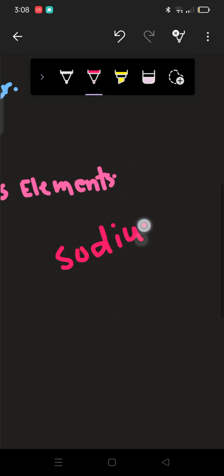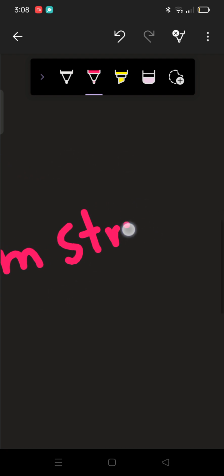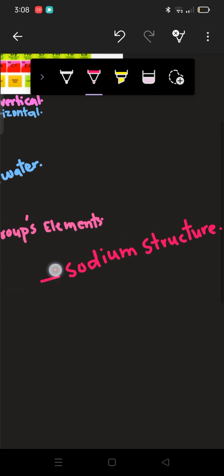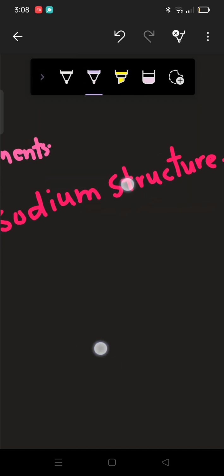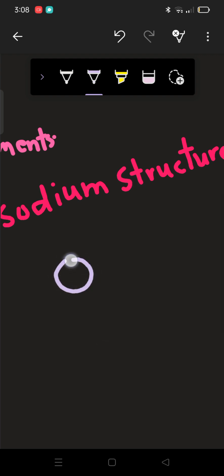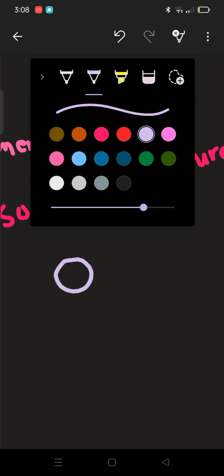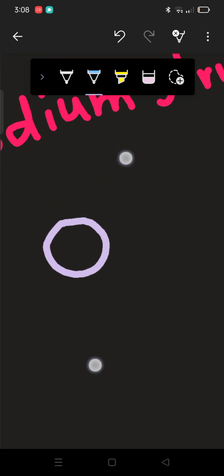So here I am going to make the sodium structure. Let me change the color. Here we have the nucleus, and we know that in the nucleus we have the proton and neutron.